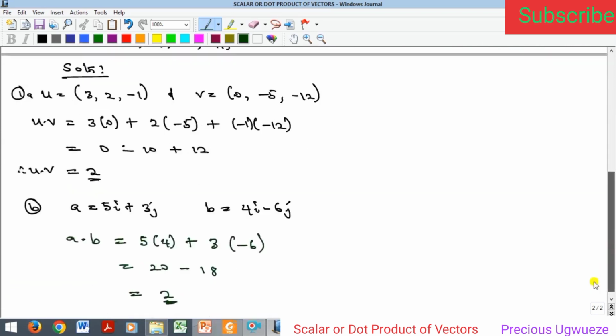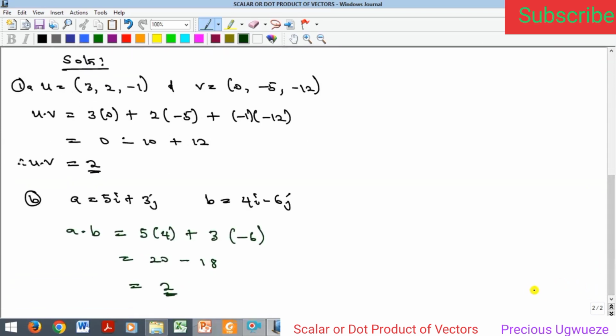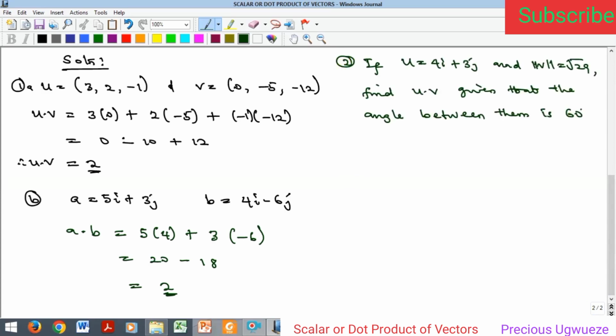Then we'll quickly take another example, example 2, which says we should find the value of u dot v, given that the u vector is 4i plus 3j, and the magnitude of v is given, and there is an angle between the two of them.